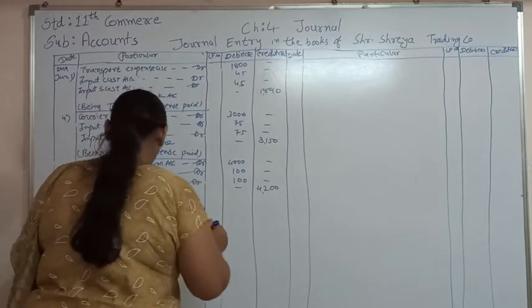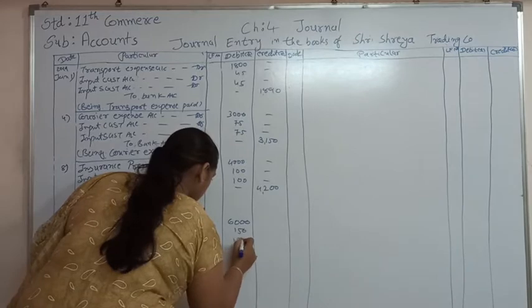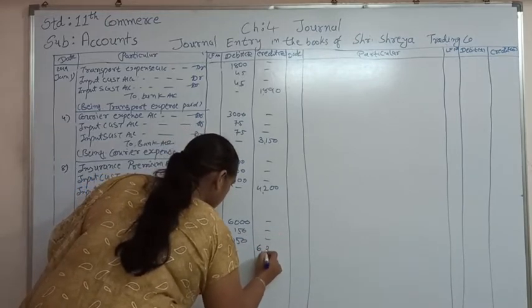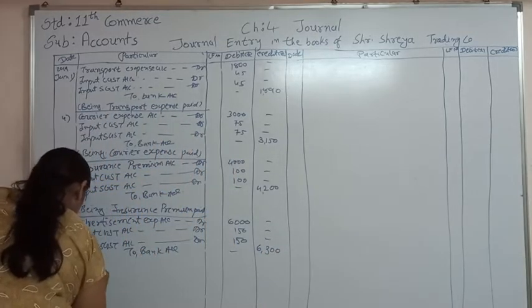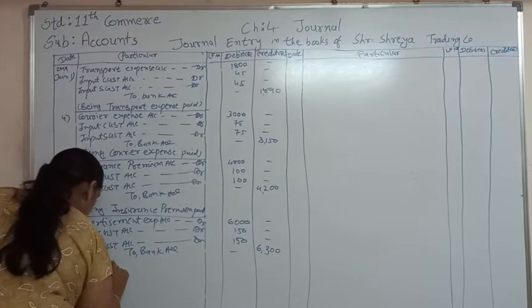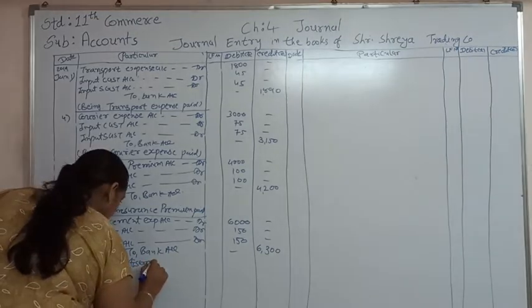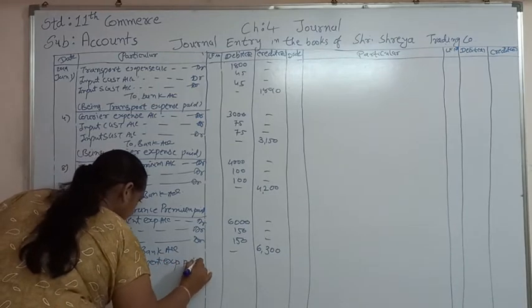Here advertisement expense is 6000 and 150 each is CGST and SGST. So total will be 6300. Being advertisement expense paid.